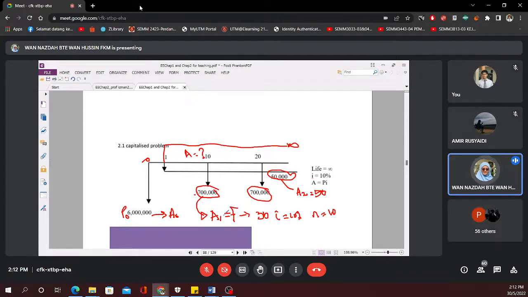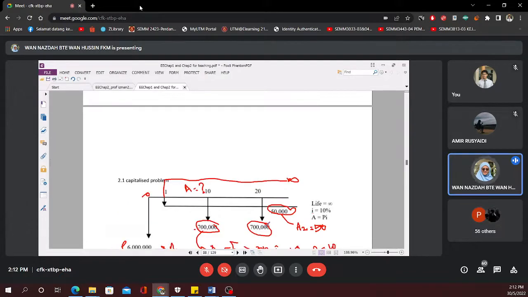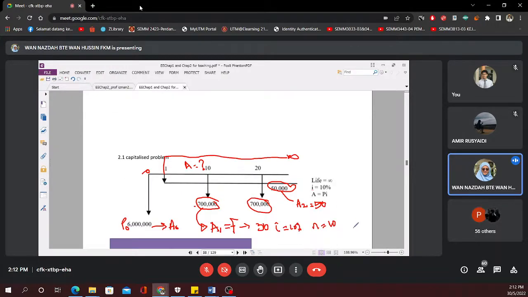Can you determine this A1? Can you determine the value of A1?